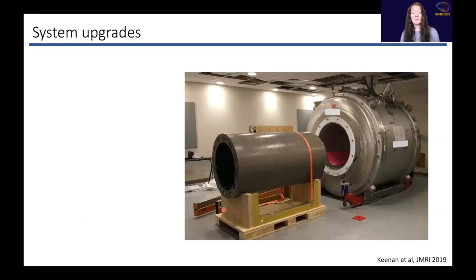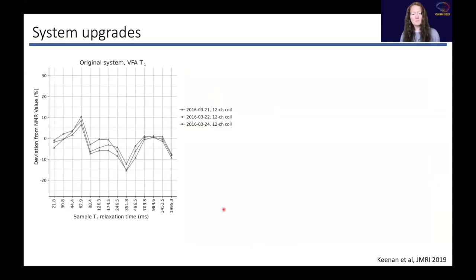I think we're all familiar with the challenges of system upgrades. We had an opportunity to make measurements on a system that underwent a substantial hardware and software upgrade. And we made T1 measurements on this system pre and post upgrade. So I'm going to focus here on the variable flip angle T1 measurement, again, made using the system phantom.